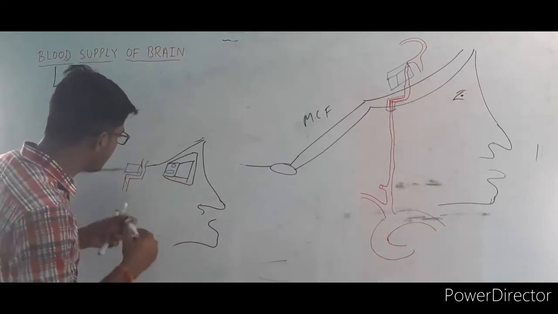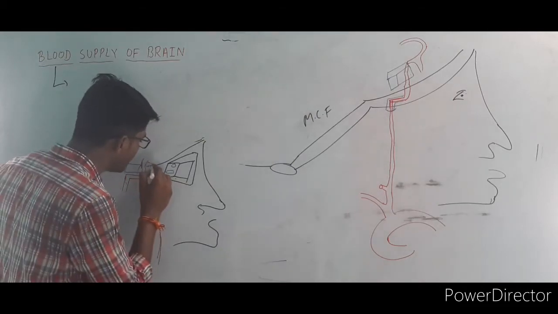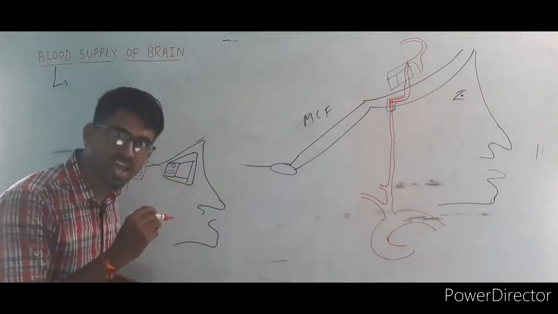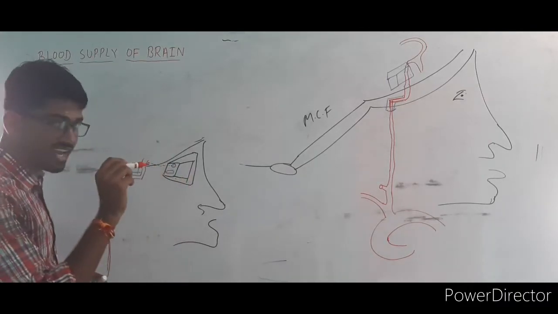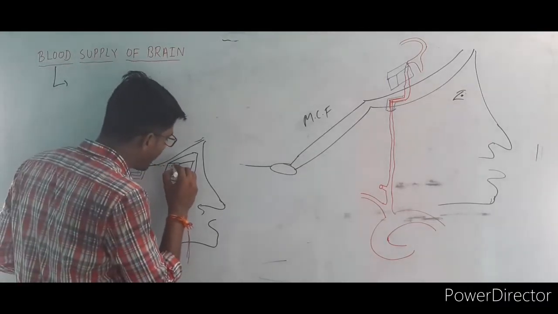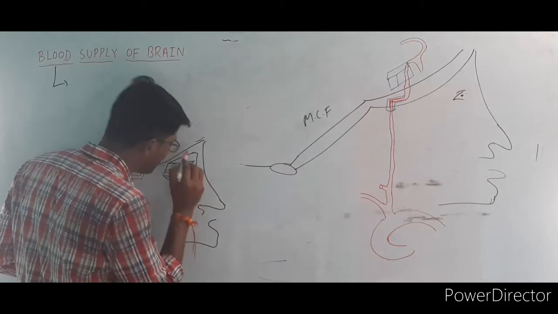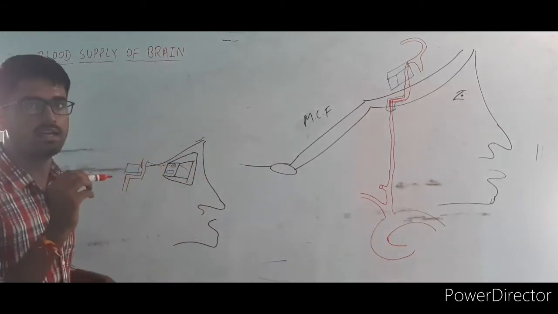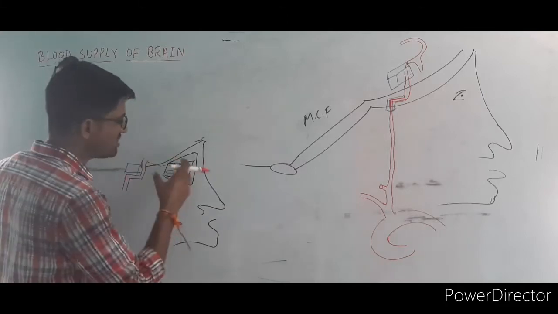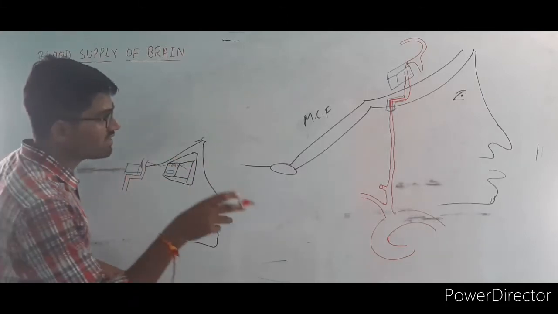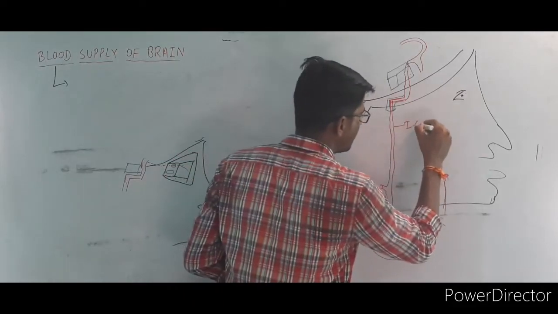What actually happened is that here it gives one branch, called the ophthalmic artery, which enters into this optic canal, and it will give one artery called the retinal artery. Why am I giving so much attention to this? Because this is the internal carotid artery.